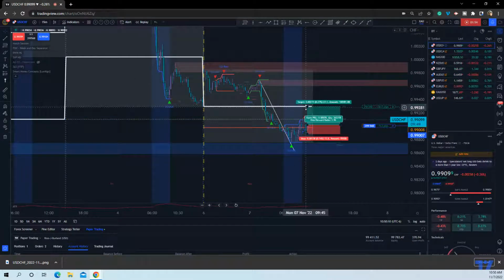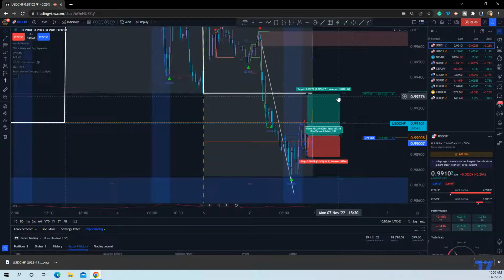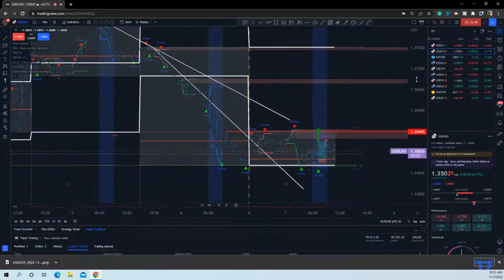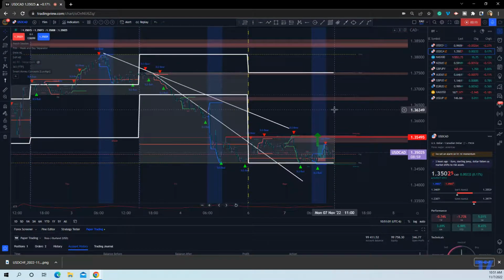So I'm just trying to scalp up to Friday's low, where I'm presuming there will be some resistance, and that's dollar Swiss. Dollar CAD, something identified yesterday.